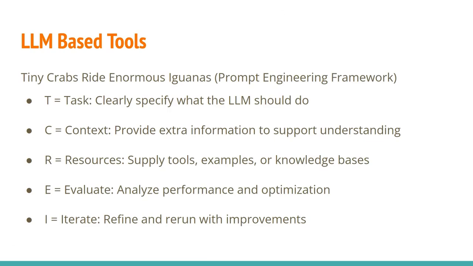And then the next one is context. So context should be any additional information aside from the task that the AI should keep in mind with future iteration of its programming.